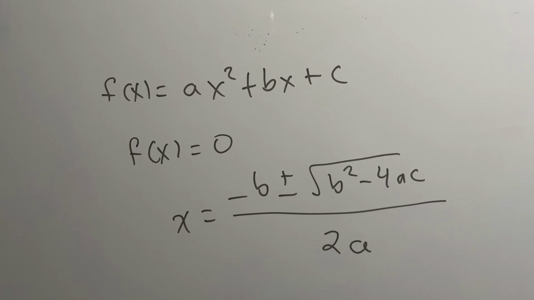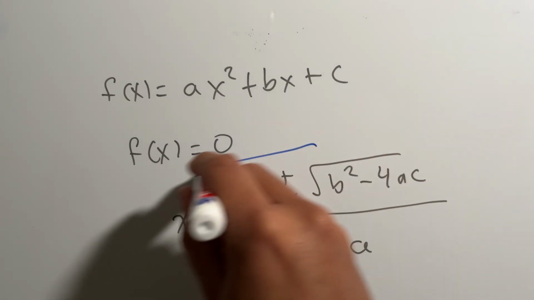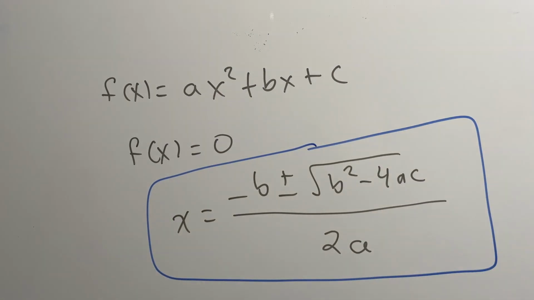The values of x that will satisfy this relationship f of x equal to 0 are found by calculating the quantity shown in this nice blue rectangle using the coefficients a, b, and c.